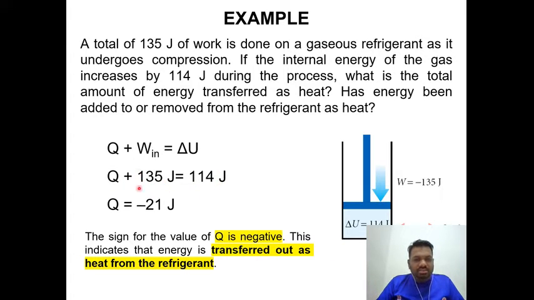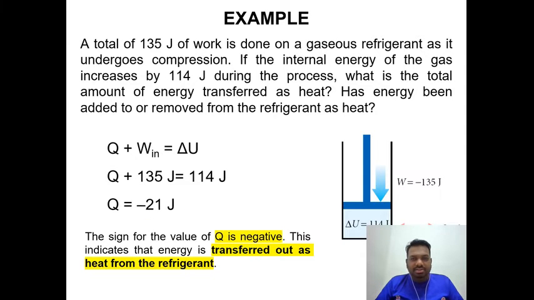If you solve this, you get the final answer: the value is negative 21 joule. So the sign of Q is negative. This indicates the energy is transferred out as heat from the refrigerant, so this is Q out. The direction is going out, so energy has been removed from the refrigerant as heat. That's how you can conclude. If negative, it means it is going out.